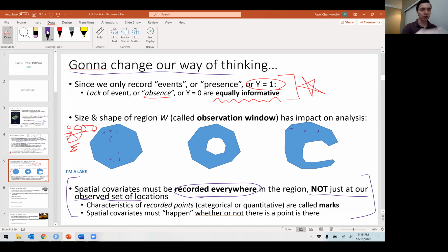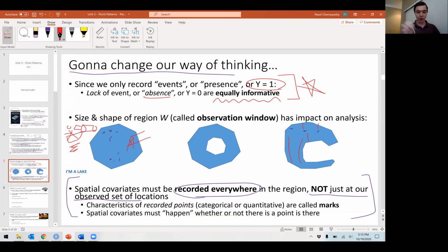With my example where there was a drainage pipe, you can record distance from drainage pipe. With my example where your fish prefer a certain depth of water, you can either record the depth of your lake and use that as a covariate, or you can record the distance from shore as a covariate.